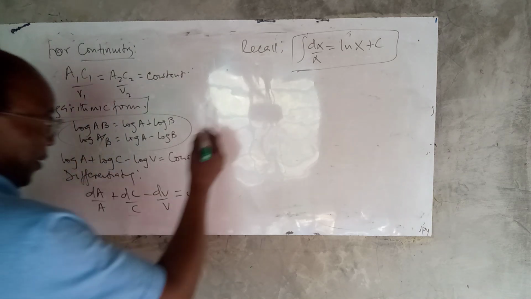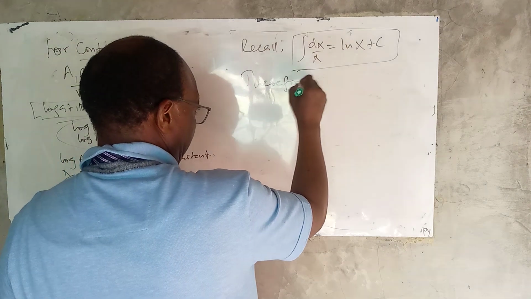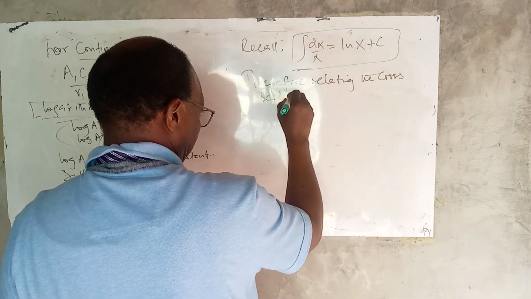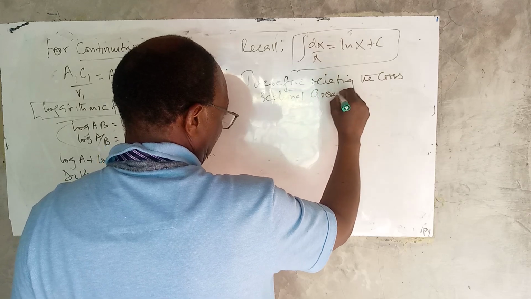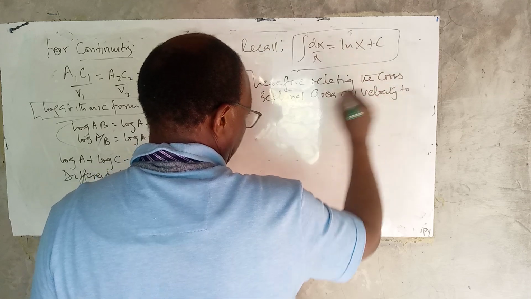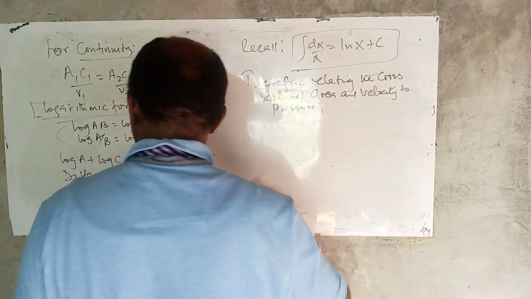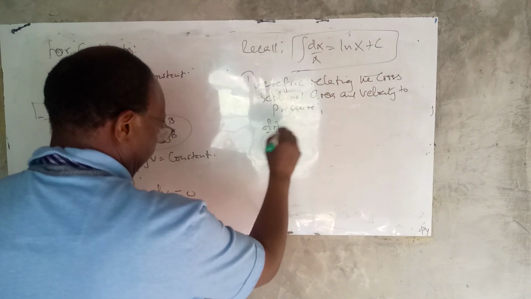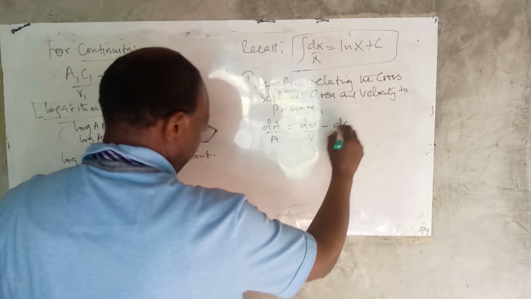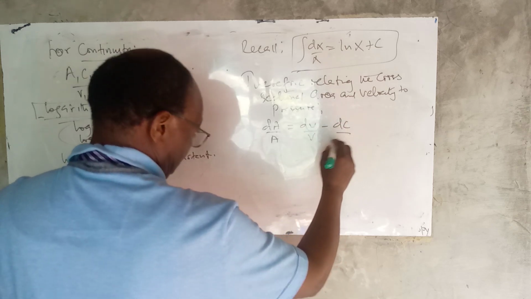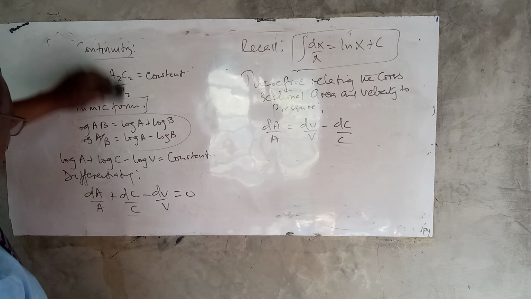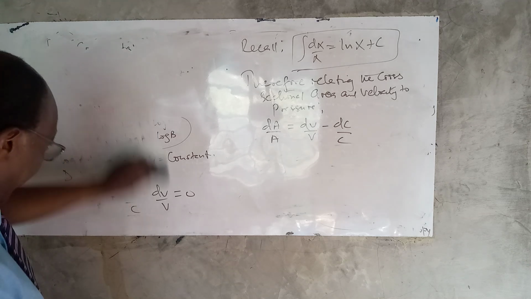Therefore, relating cross-sectional area and velocity to pressure, we will have, just rearranging the quantities, dA over A is equal to dV over V minus dC over C. But remember, unfortunately we have rubbed out that expression.